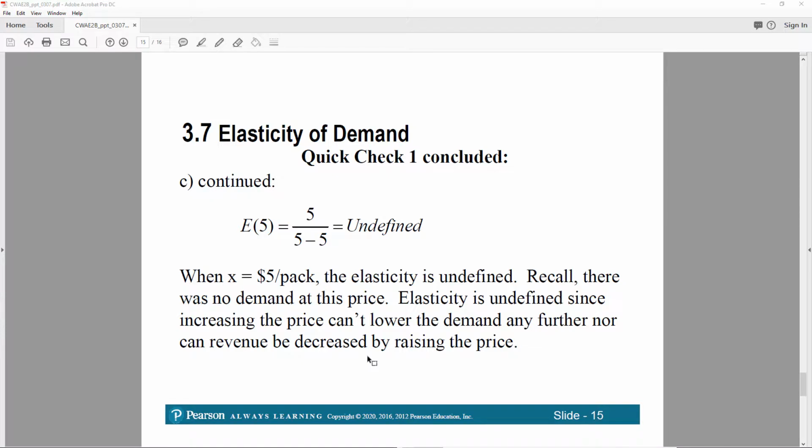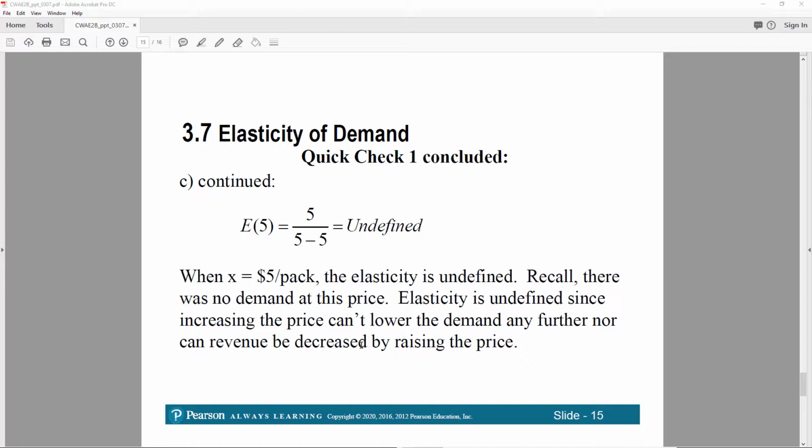Now we do it for 5. Elasticity is undefined. Elasticity is undefined since increasing the price can't lower the demand any further, nor can revenue be decreased by raising the price.